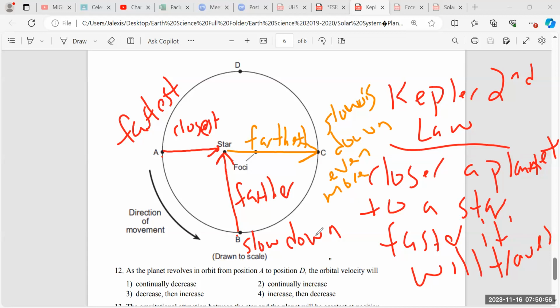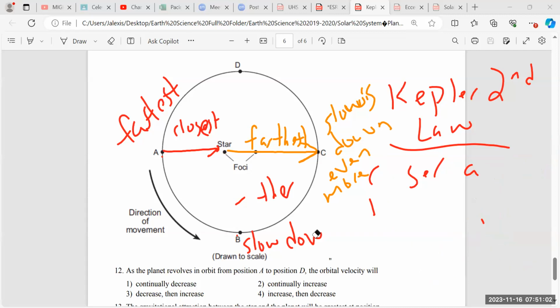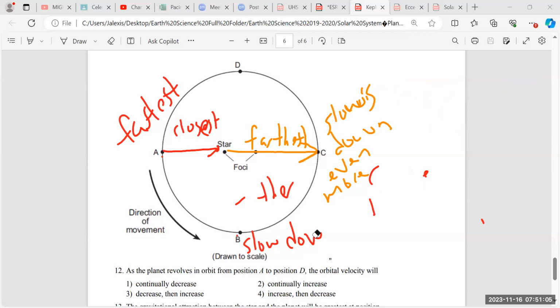All right. I know I gotta erase some of this stuff. I apologize, I just need some space. There we go. And then finally, when it gets to location D, now the distance starts to decrease from C. So when it went from A to B, it slowed down. When it went from B to C, the distance between C and the star is the farthest, so it slows down even more. But when it went to D, the distance started to decrease.